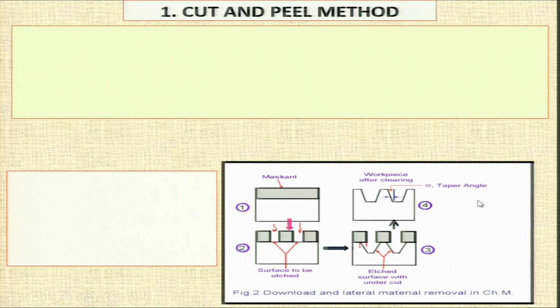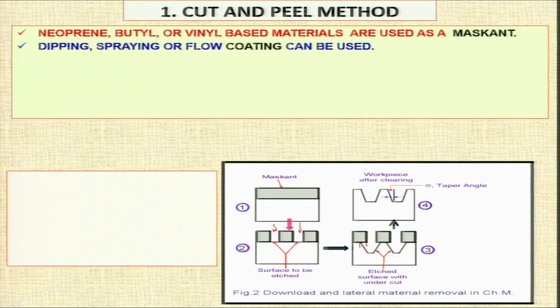We want minimum taper angle, or another solution for this, which I have not discussed here, is that you design the undercut in such a way and time that you get a better product, but some taper angle will always be there in case of this particular process.